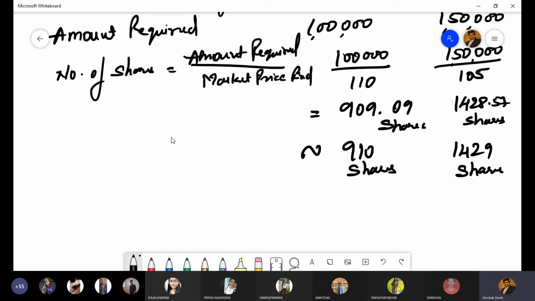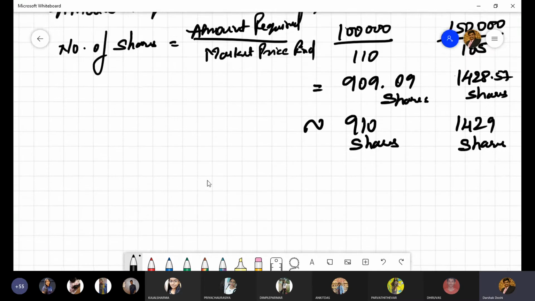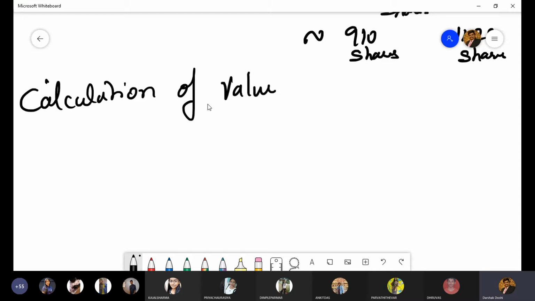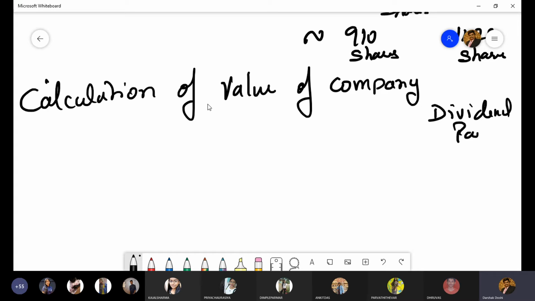Now we need to find out the value of the company after the new shares are issued. So calculation of value of company, again dividend paid and dividend not paid along with particulars.